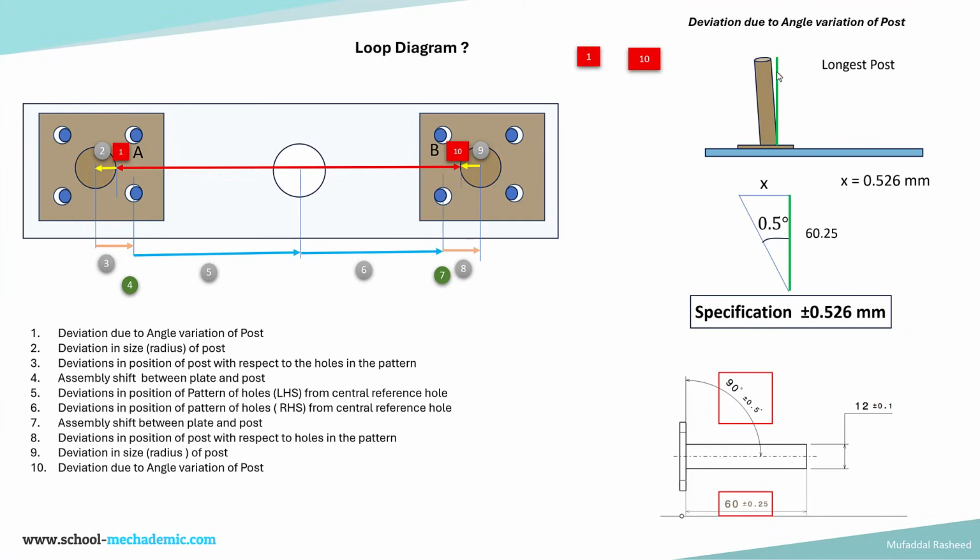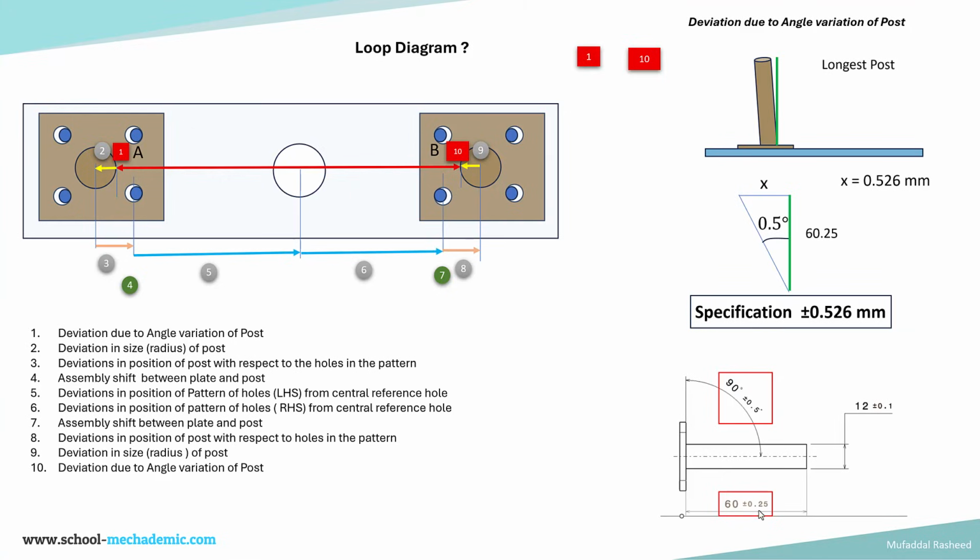So the angle variation is as per the drawing as shown over here, 90 plus or minus 0.5 degrees. And an important factor to consider is that the angle variation will cause maximum difference in span at the longest dimension of the post. That means the post is having a height of 60 plus or minus 0.25.